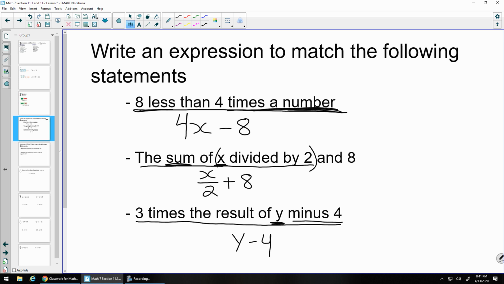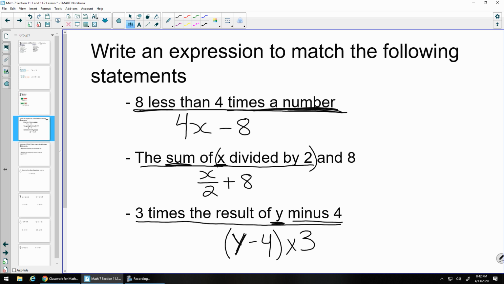I don't know what y minus 4 is equal to, but to show me multiplying what y minus 4 is by 3, I can put brackets around it. And now when I put a 3 outside of it, that means I'm multiplying that whole thing by 3. So 3 of y minus 4s, whatever that's equal to.